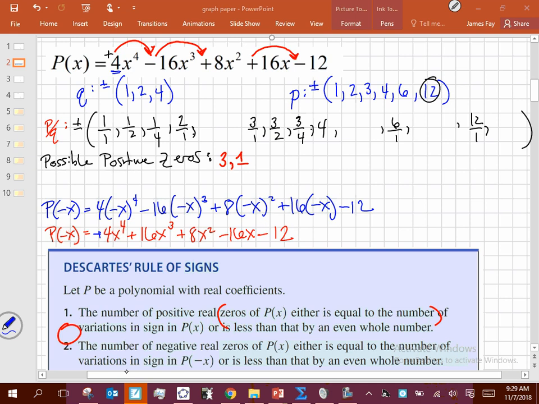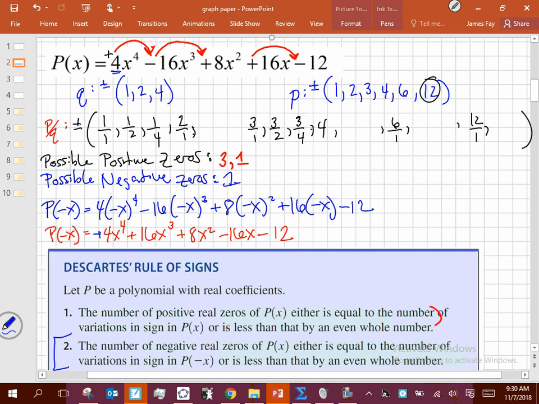No. So the second part of this rule says that in P of negative x, the number of sign changes tells you how many negative zeros you have, or that number reduced by an even whole number. So I had one sign change, so my possible negative zeros with one sign change is just 1.